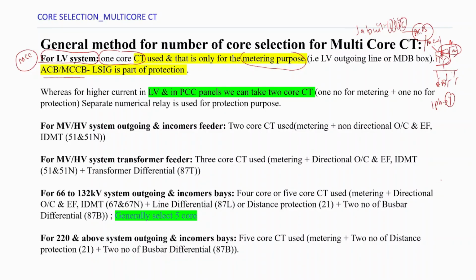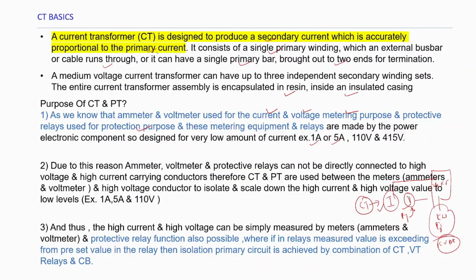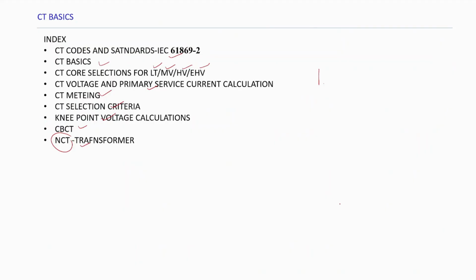Now what we learned is this: we have an MCC, with this CT for the ammeter, and the LSIG of the MCCB. Now I have a PCC, which is feeding to here.